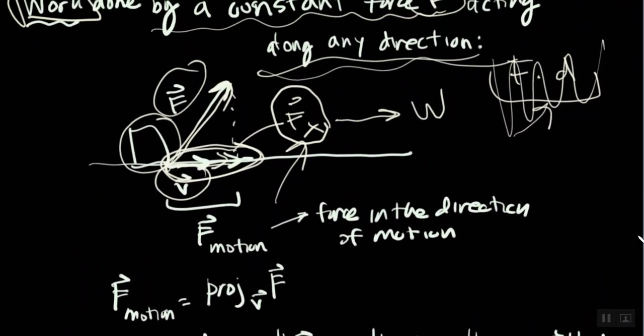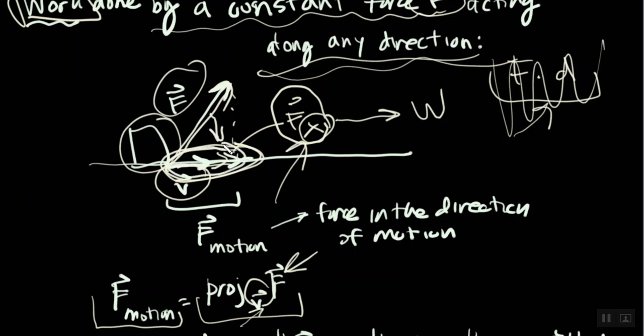Because the force in the direction of motion, or in this case, the force in the x direction, will be the projection of the force vector upon the direction of motion indicated by v. So as you notice, the shadow created by this force will actually give us the force in the x direction, in the form of a vector, of course, in the same direction as the vector v, which is the direction of motion.